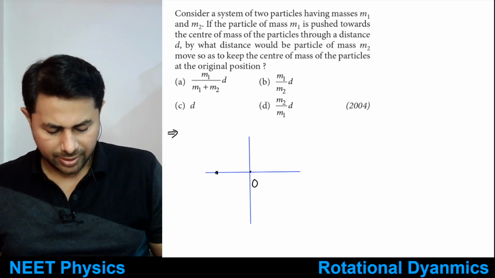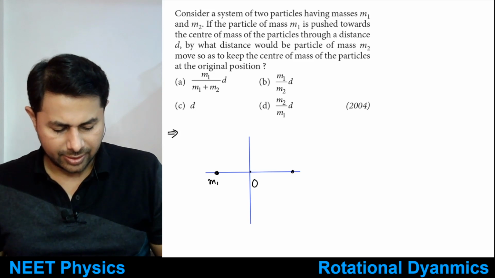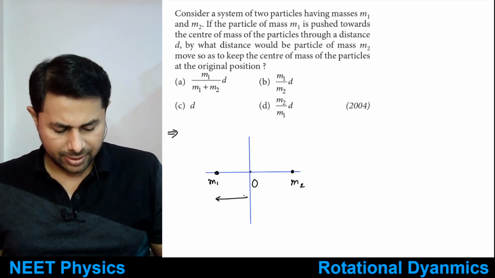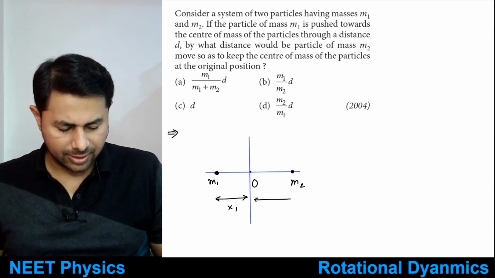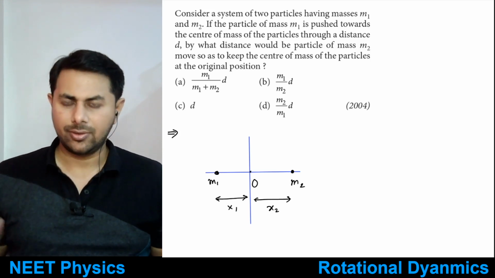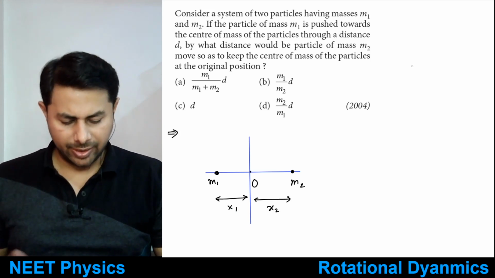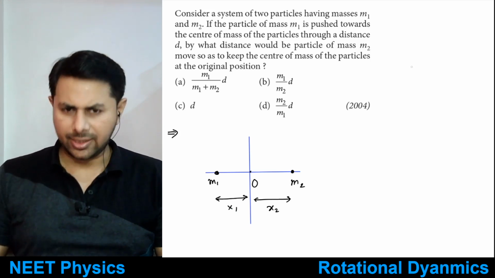This is first particle, its mass is m1. This is second particle having mass m2 and this distance is suppose x1, this distance is x2. Okay, now what is center of mass? So option B. Yeah, that's correct.